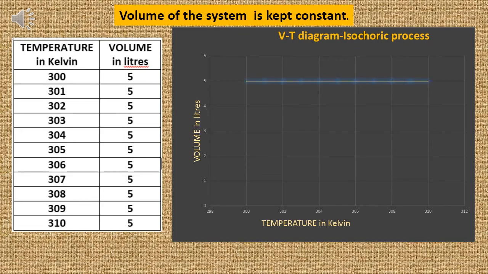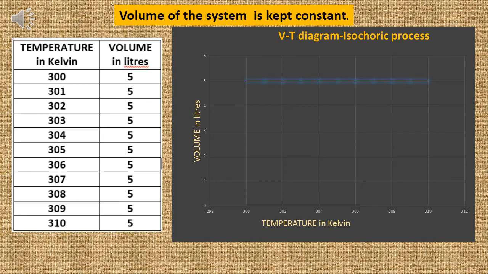Finally, you are going to see the VT diagram. Here the temperature is taken along the x-axis and volume is taken along the y-axis. As I have told earlier, the volume of the cooker is kept constant. The volume of the cooker can never change, 5 liters. Look at the graph.